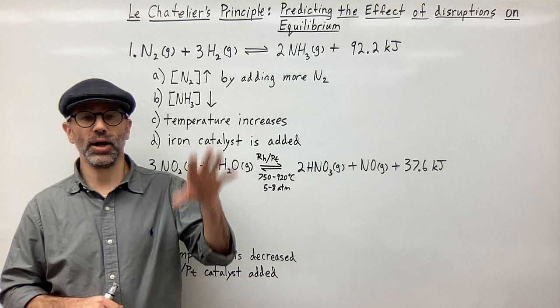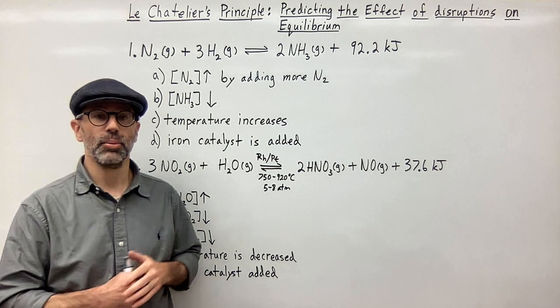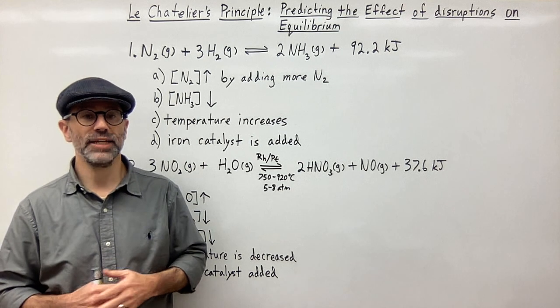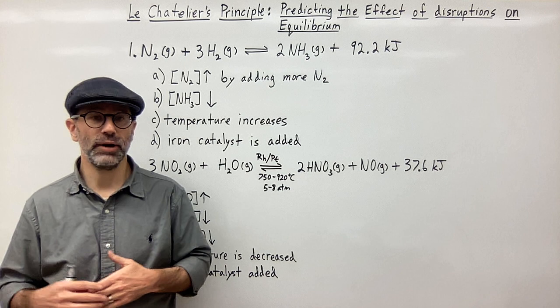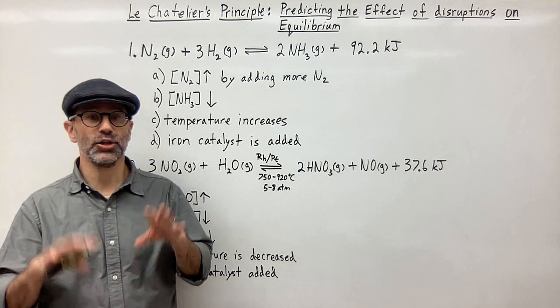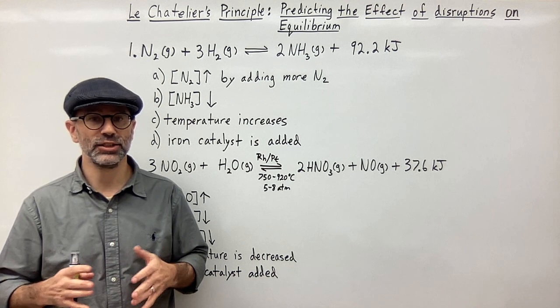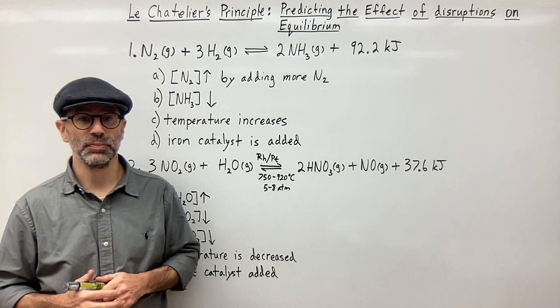If you add more product, then it's going to react to undo that. So it's going to get rid of product, right? If you take away product, then it's going to undo that by adding product, right? So whatever you do, the system is going to do the opposite to undo that change, to undo that stress, to undo that disruption, right?